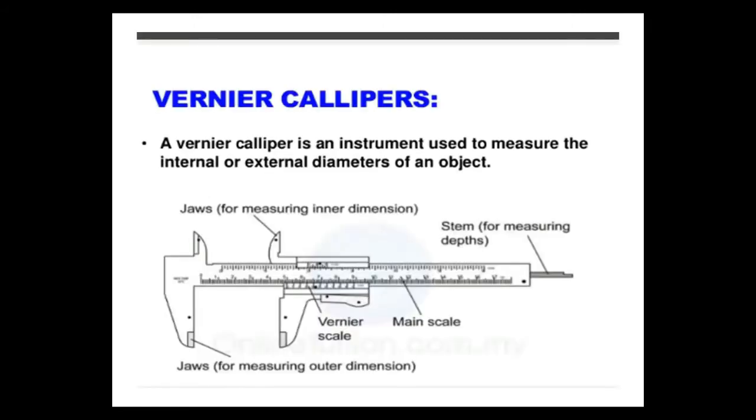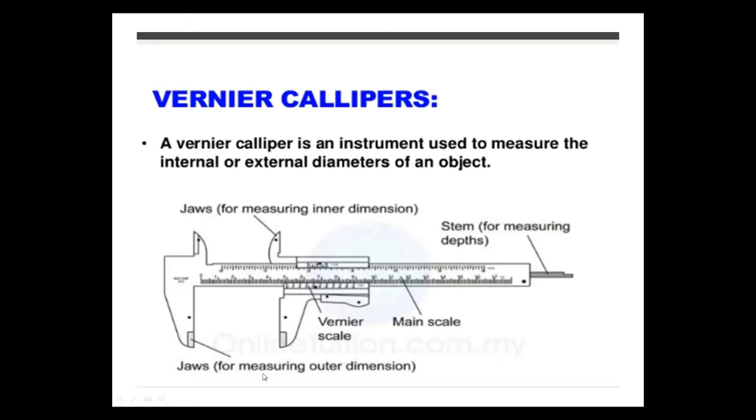Now we will move towards the vernier caliper. A vernier caliper is an instrument used to measure the internal or external diameter of an object. I will explain the structure of the vernier caliper. It consists of two main jaws like this.